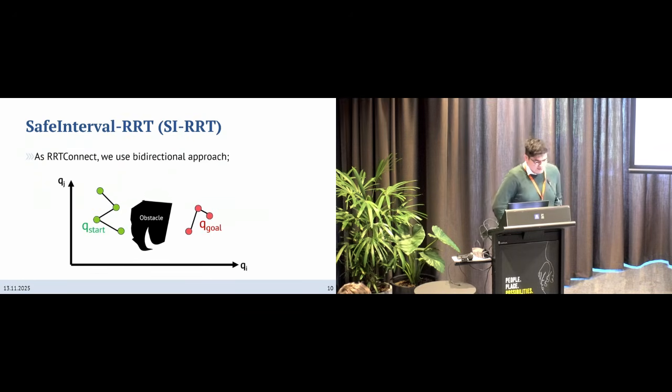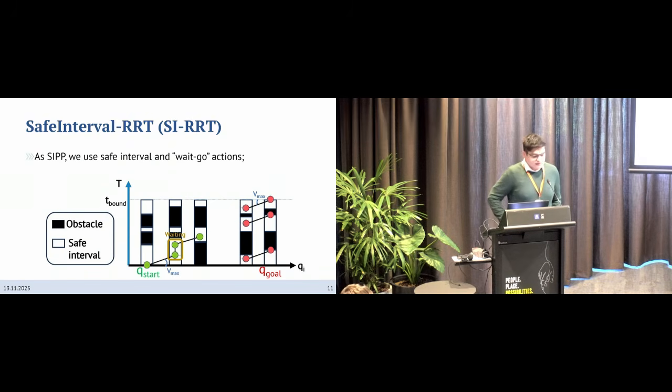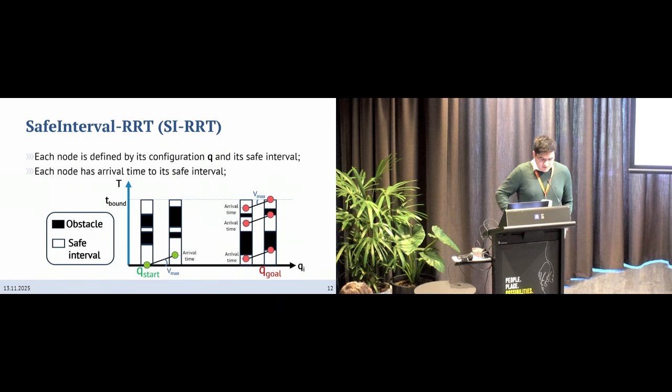So let's introduce our planner. We call it Safe Interval RRT, or SI-RRT. And as in RRT-Connect, we use a bidirectional approach, growing two trees, one from the start point and another from the goal point. And as in SIPP, we use safe intervals and wait and go actions. Each node in SI-RRT is defined by its configuration q and its safe interval.